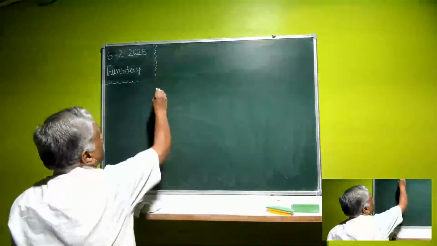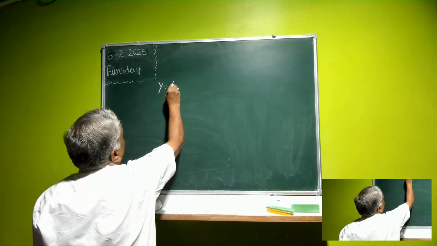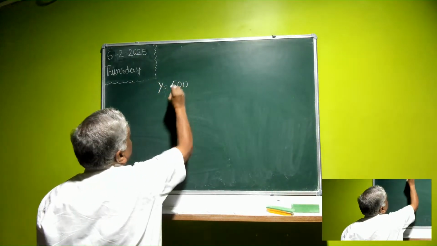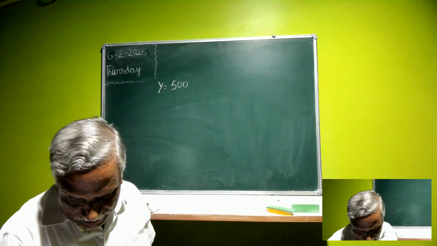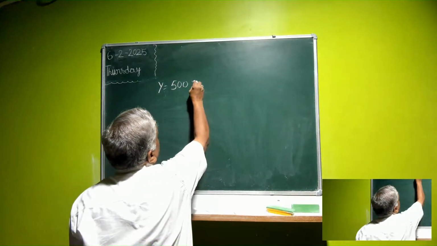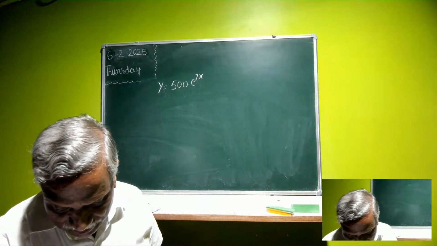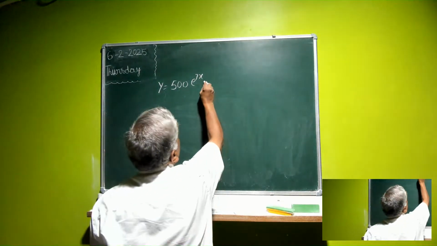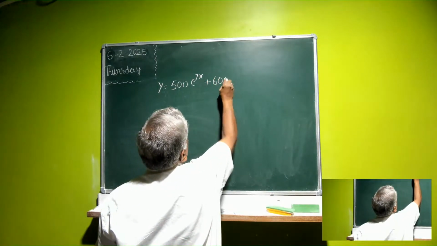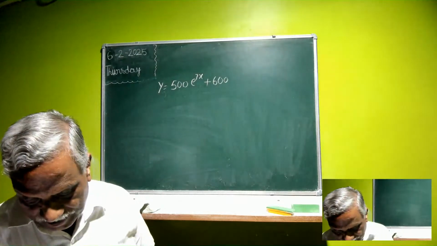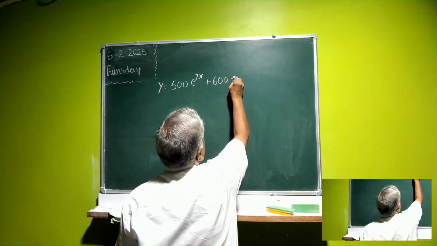If y is equal to 500, this is an examination problem only, e to the power of 7x plus 600 e to the power of minus 7x.